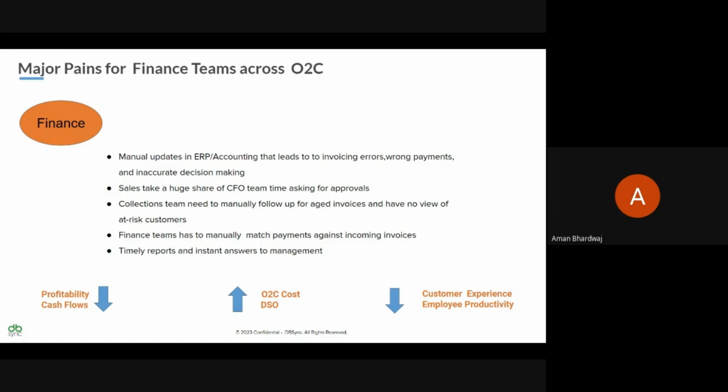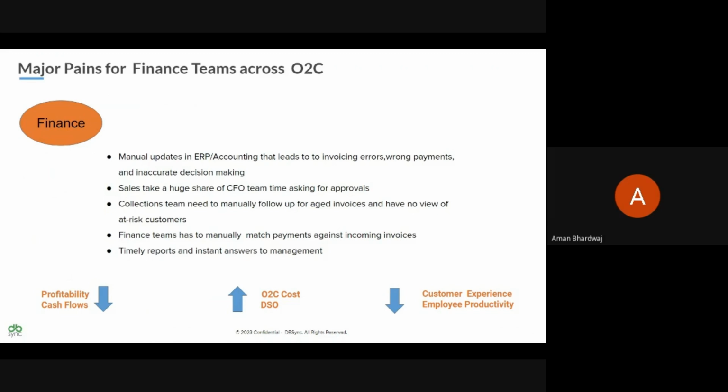And since it's manual entry, it could lead to data errors, which could lead to wrong payments being made, issues with invoices, or checks being issued to the vendors. It could also lead to inaccurate decision making because the data that sits in these systems is not to the point, and it could lead your team to go through multiple frustrating cycles of to-and-fros with other teams to get that data corrected and make the right decisions.